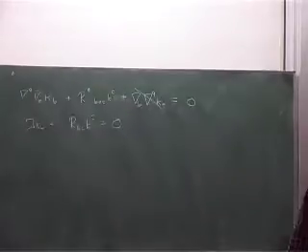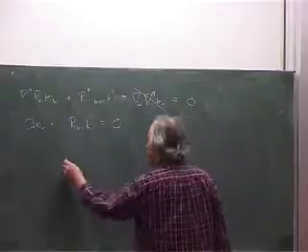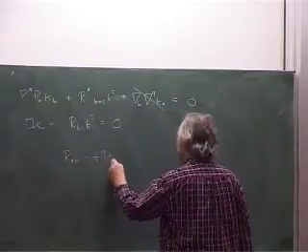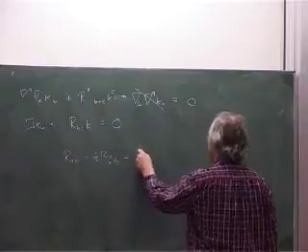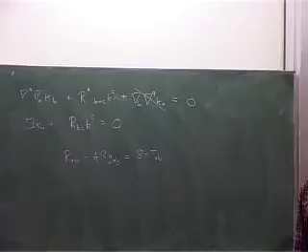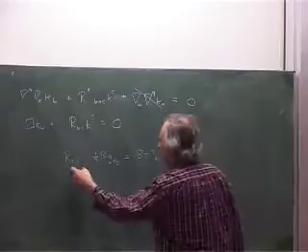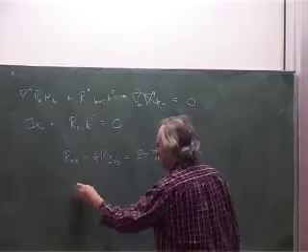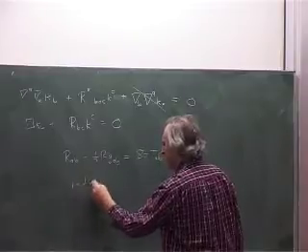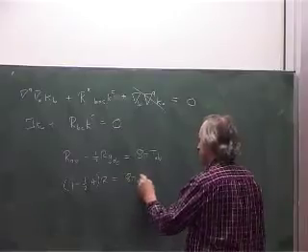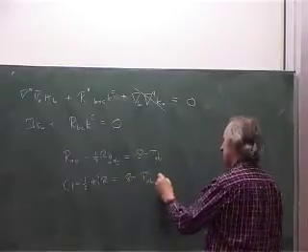But you can reorganize the Einstein equations. R_AB minus a half R g_AB is equal to 8 pi times the energy momentum tensor. If you take the trace of this equation, you'll end up with 1 minus a half times 4 times R is equal to 8 pi times the trace of the energy momentum tensor.